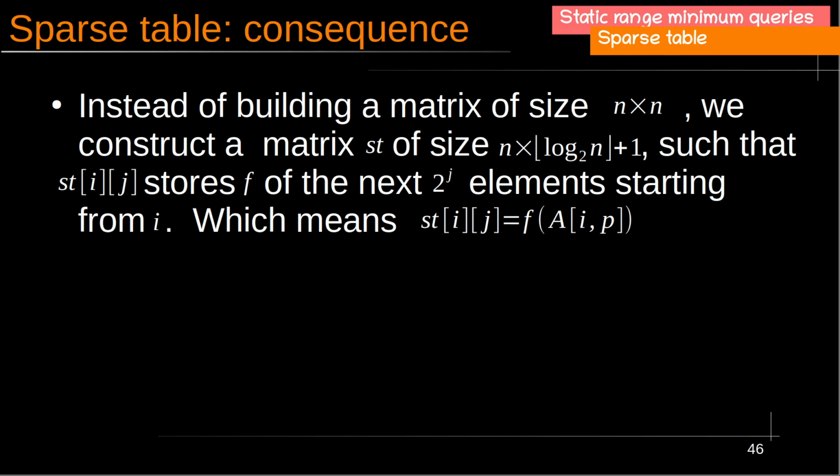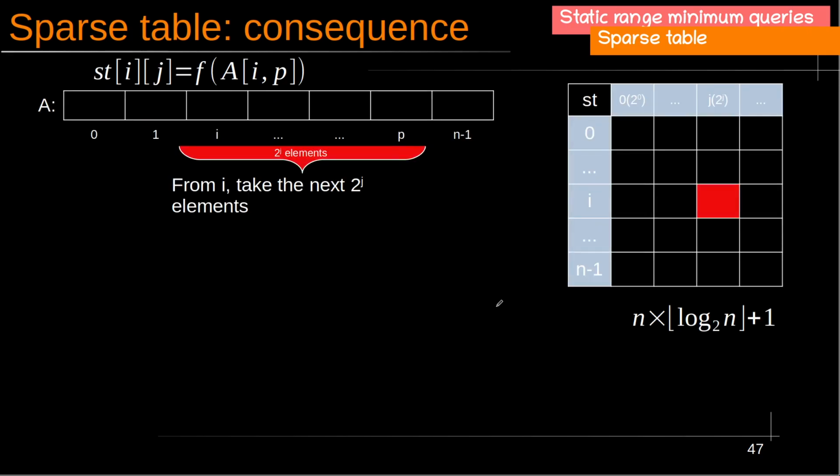Which means ST[i][j] is equal to the function f applied on the original array from i to a position p. What's this position p? Let's see now.